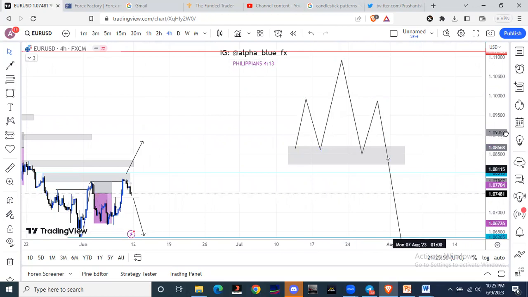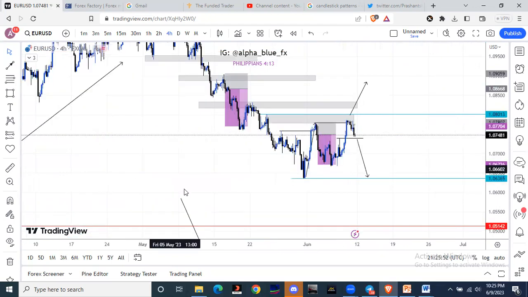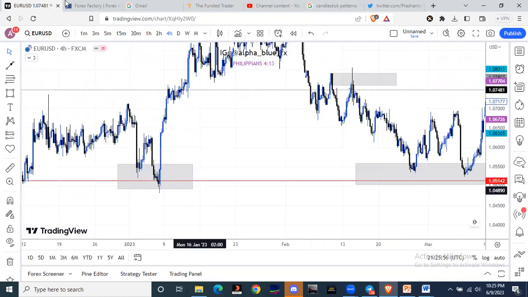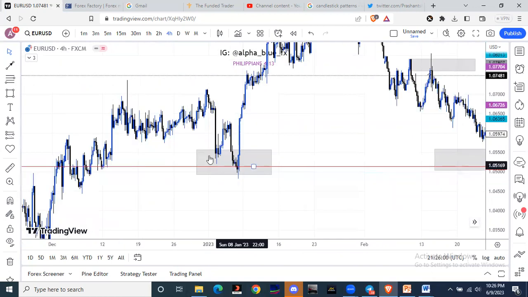It happens haphazardly, so you need to be very calm and understand that this is what is happening. Because you see here, the double bottom did not form in equal places. This bottom was quite lower, but it's still a double bottom. You understand?